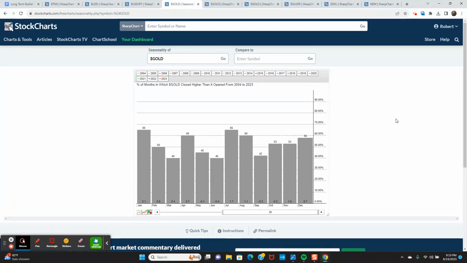So if gold does end up down 90 or $100 here at the end of the month, then that will be bearish. Not only the fact that it dropped so much, but it dropped so much during a month that it generally, more often than not, moves up. Okay, so that's from a technical analysis point of view. That's a negative sign.